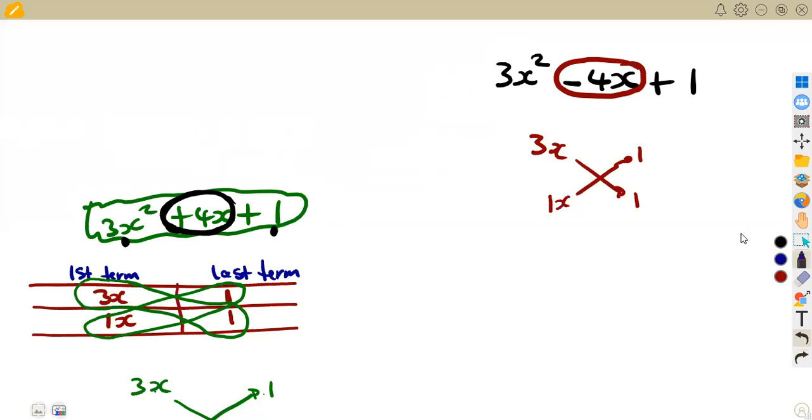So if I multiply this like this, 3 and x, I get 3x. And if I multiply this 1 and x, 1x and 1, I get 1x. If I add these two, I am going to get 4x, not minus 4x. So it means these numbers are not going to work, okay?